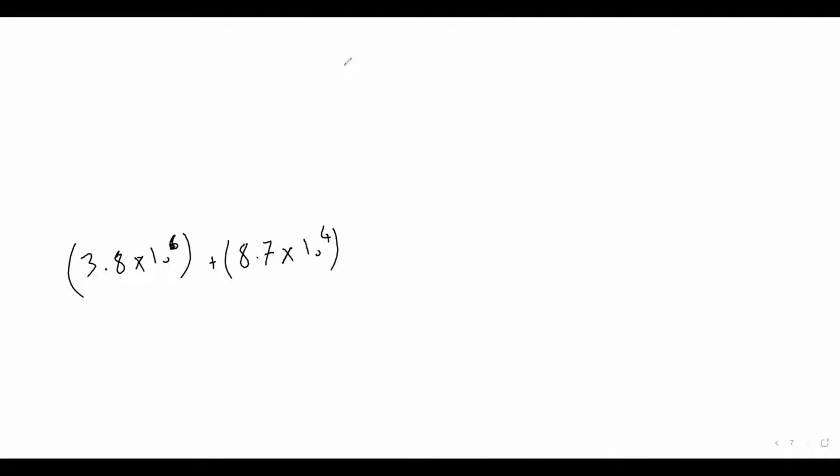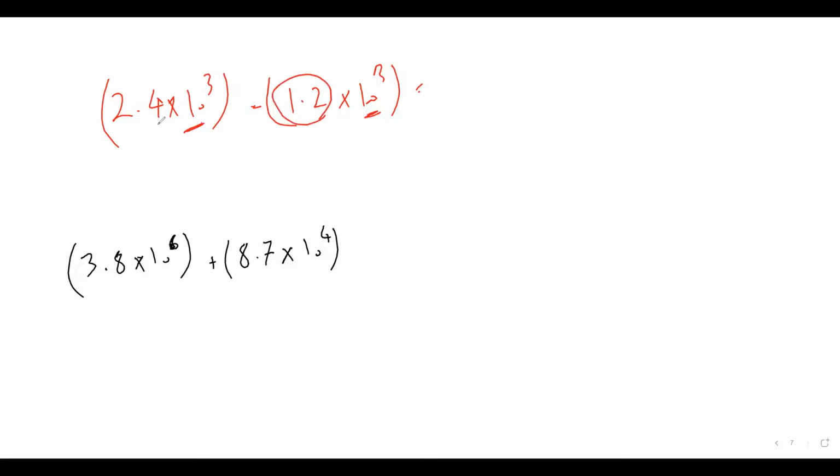Take a look at this example. We have 2.4 times 10 to the power of 3 minus 1.2 times 10 to the power of 3. So what you need to do, since the powers are the same, right, then you just subtract these two numbers from each other and you get 1.2 times 10 to the power of 3, right?